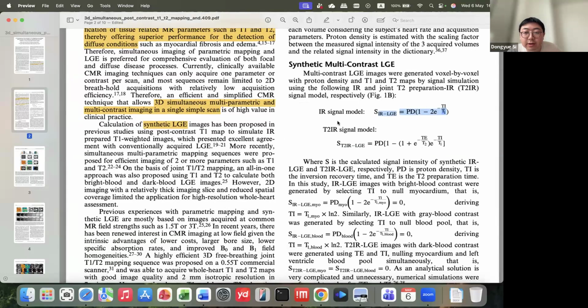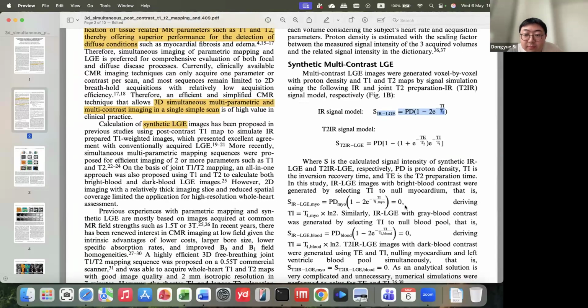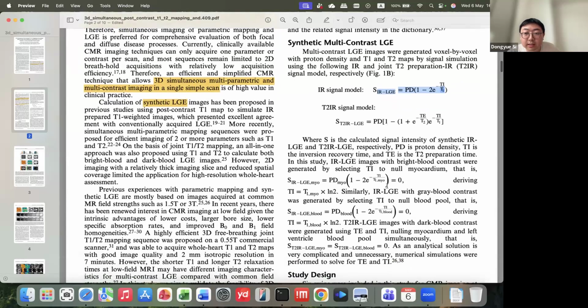So for IR LGE, we have different contrasts to null either myocardium or blood pool, using the TI time calculated to make the myocardium or blood signal zero.